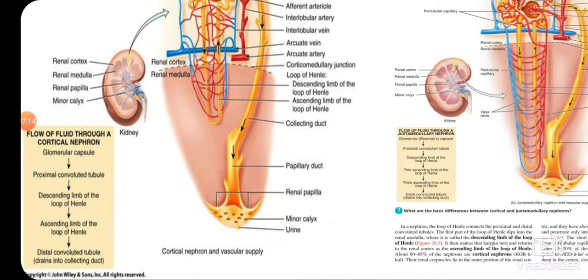So first, blood comes into the glomerular capsule, where it is filtered.